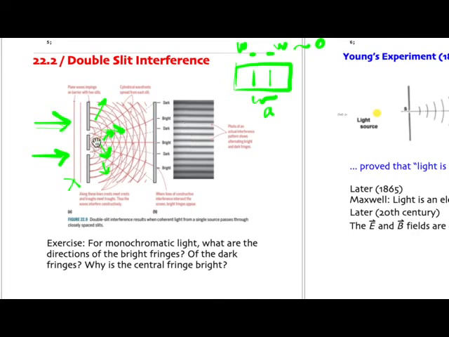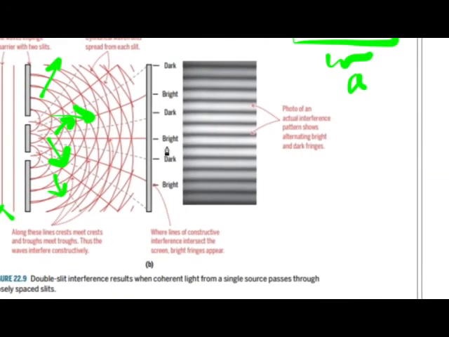The central fringe will be bright. So this is blown up a little more. This is the central bright fringe, this one here. That's because the path length from the two sources is the same for the central fringe. So those two waves will be in phase where they overlap on the screen. And so there'll be a bright fringe, there'll be constructive interference at that point.